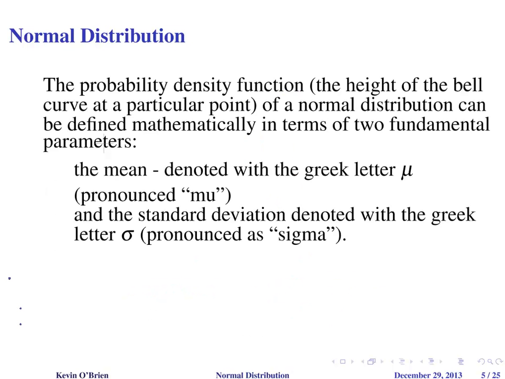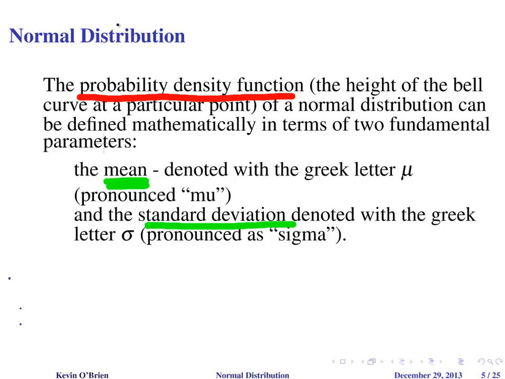Now, let's talk about some important matters here. The probability density function, which is the height of the bell curve at a particular point, is mathematically defined in terms of two important parameters. The mean, I'm going to call this the normal mean, just to emphasize what I'm talking about later on, and the normal standard deviation.